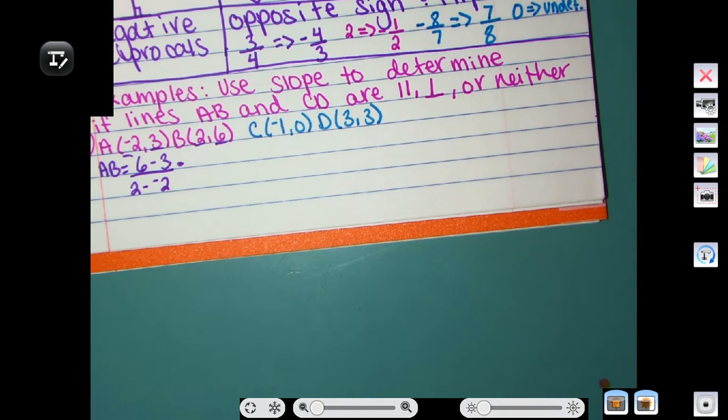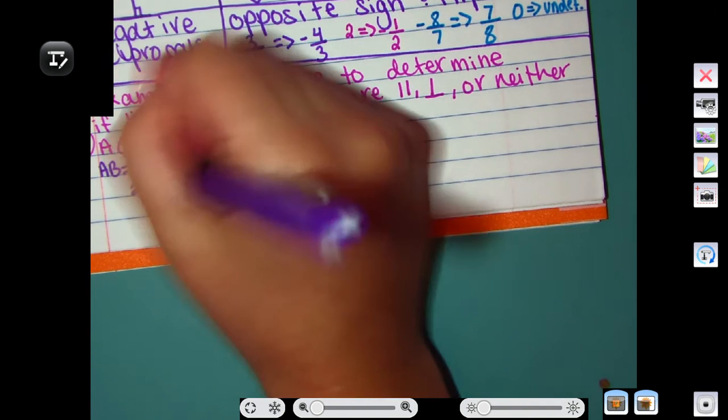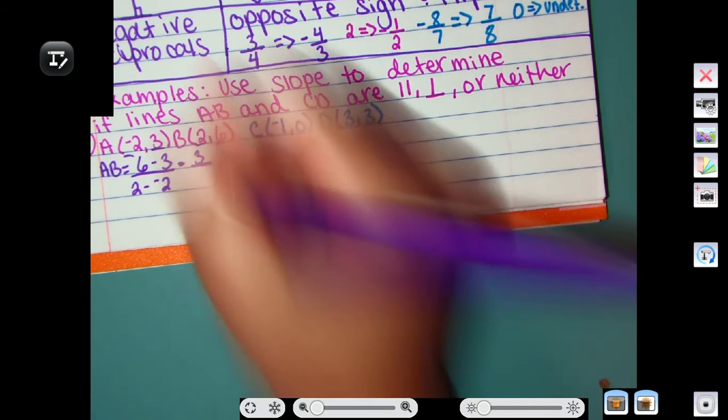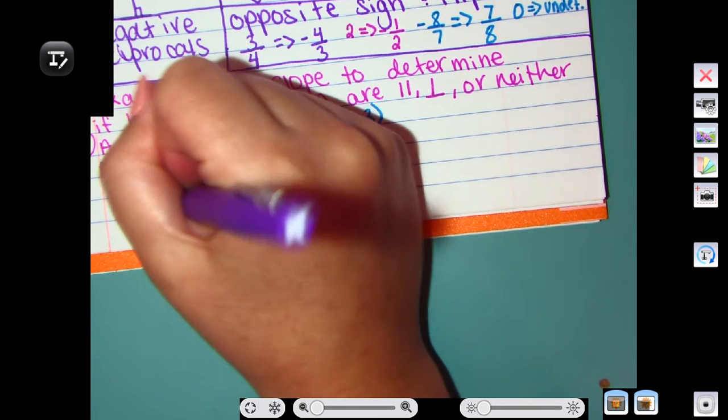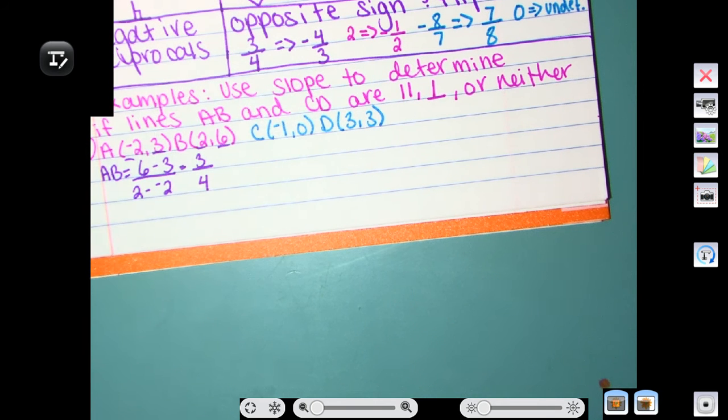Okay, what does that give me? 6 minus 3 is 3. 2 minus negative 2 is 4. So that's my slope for AB.